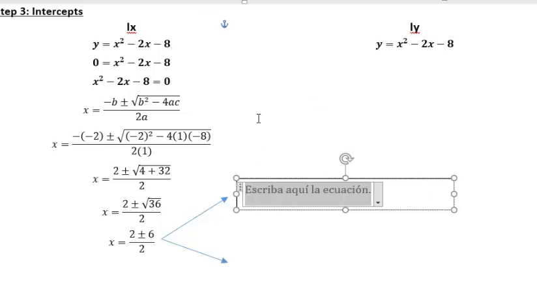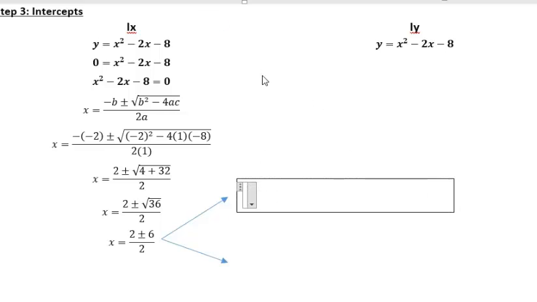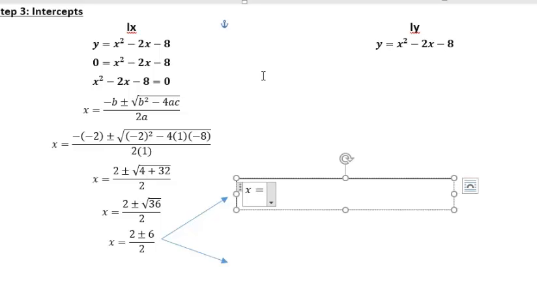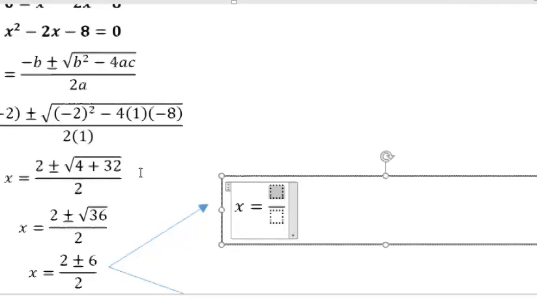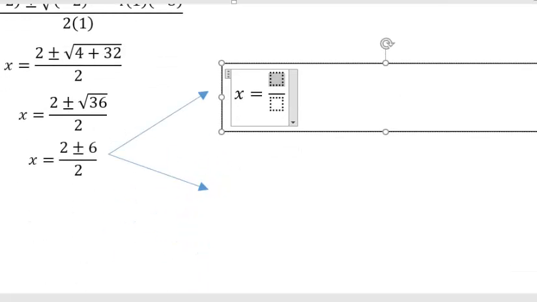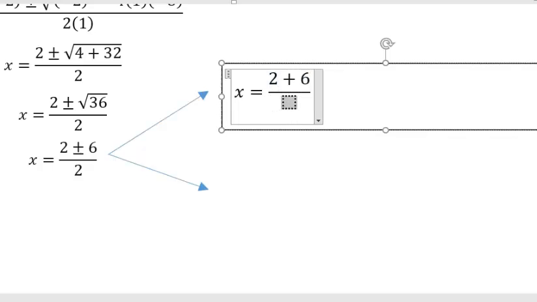Okay, what you're gonna put in here is the same part of the exercise you were working on, but instead of putting plus minus 6, you're just gonna put plus. Okay, you're only going to use one of the signs. So you're going to put 2 plus 6 divided by 2.